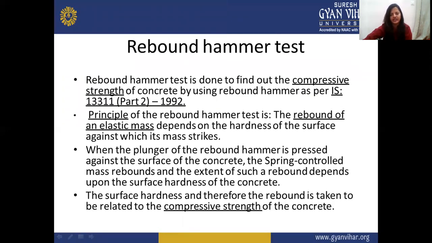So the rebound hammer test is done to find out the compressive strength of concrete, and it is as per IS 13311 Part 2 of 1992.